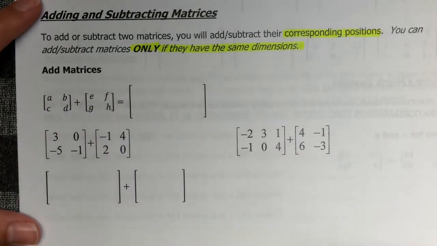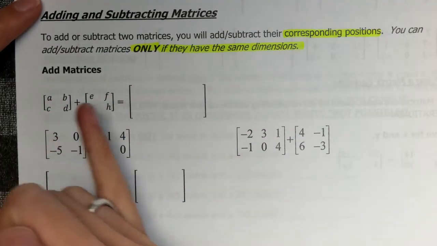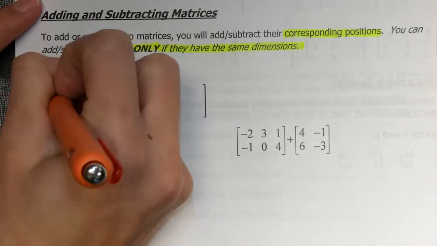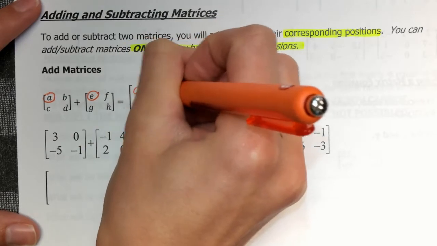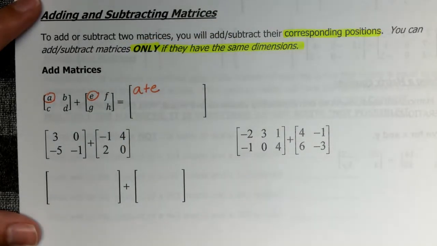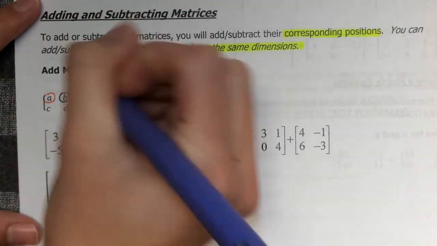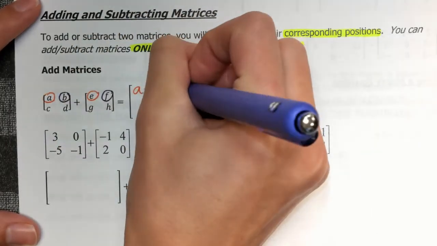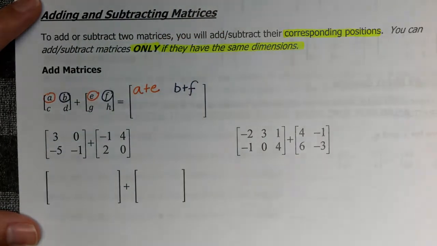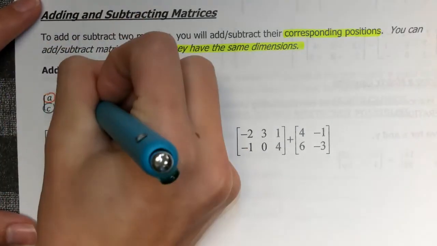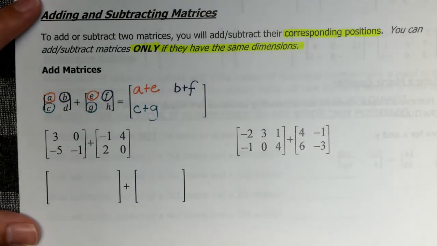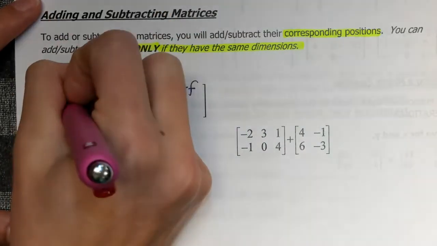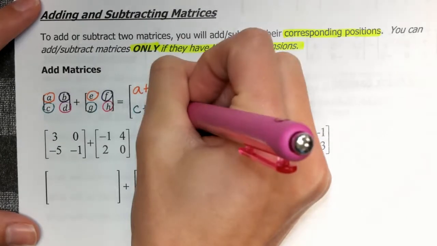So corresponding positions, if I'm taking the first matrix and adding the second matrix, I'm going to take A and add it to E. Then I'm going to take B and F and add that together. I'm going to take C and G, add that together, and D and H, and add that together.